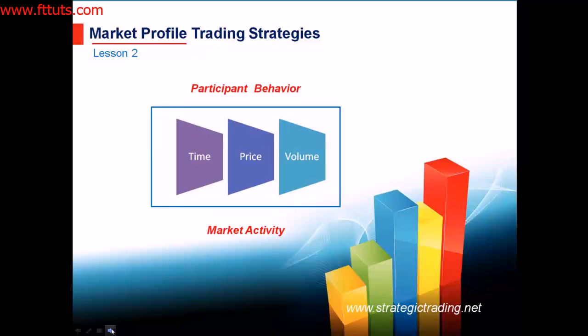Now, what creates market activity? Well, it's participant behavior. You will often hear many people talk about candlesticks in the context of that candles reflect for you what people are thinking, or reflect for you behavior. And you'll often hear that markets really are about human behavior.